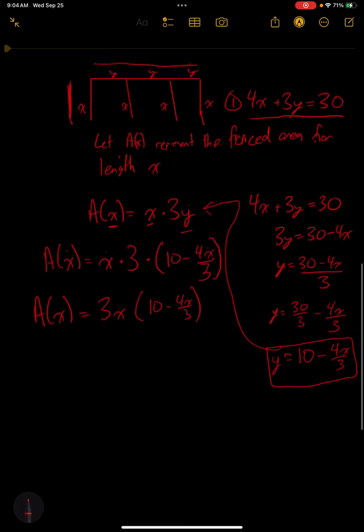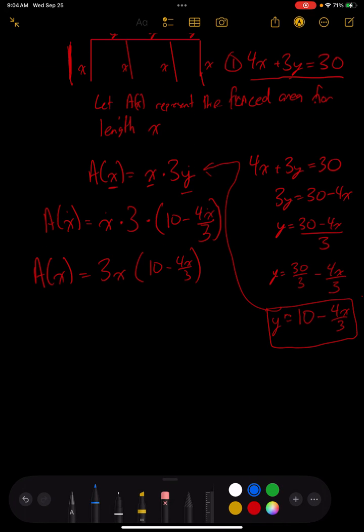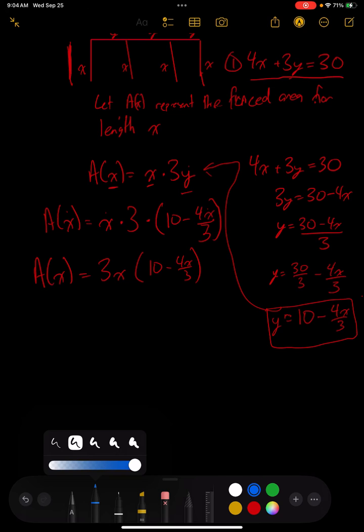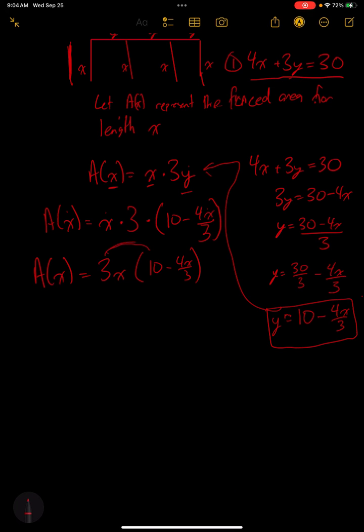Now we're going to multiply 3x times 10 and 3x times 4x over 3. A of x is equal to 3x times 10 minus 3x times 4x over 3.